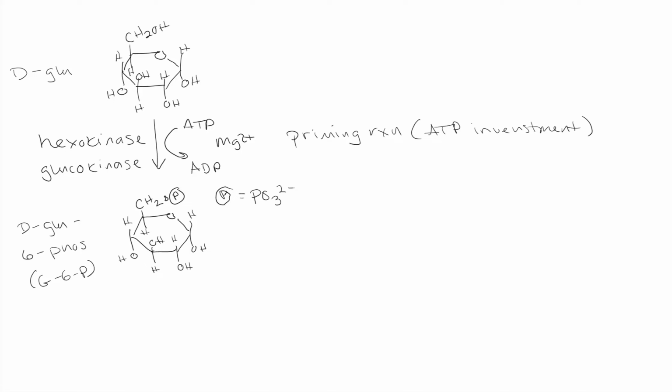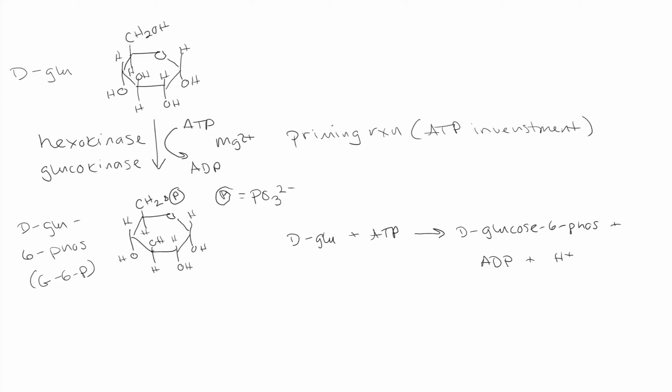However, when coupled to ATP, it is favorable. And what this looks like is if we have D-glucose plus ATP as a coupled reaction, you go into D-glucose 6-phosphate plus ADP plus a free proton.